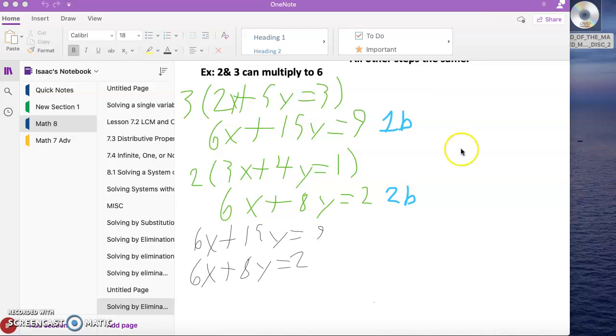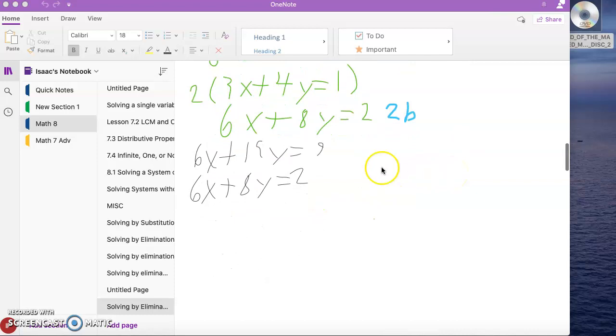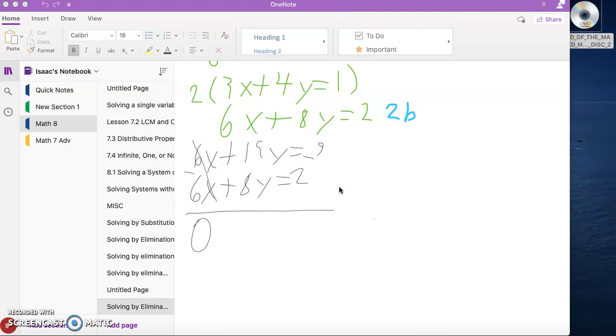Let's see. What do I need to do to get rid of a variable? Do I need to add or subtract? I need to subtract. So when I subtract 6x from 6x, I'll get 0. And 15y minus 8y is 7. And 9 minus 2 is 7. So I've got 7y equals 7. Divide both sides by 7 to get y equals 1.